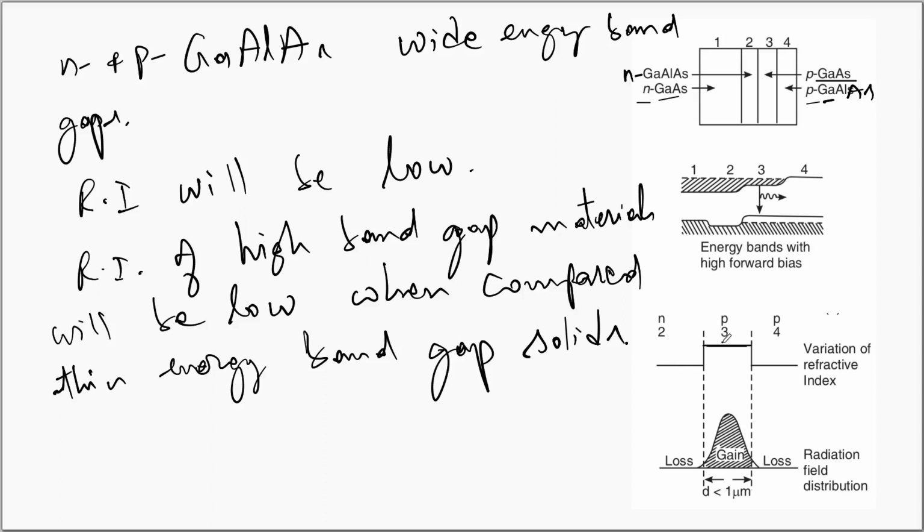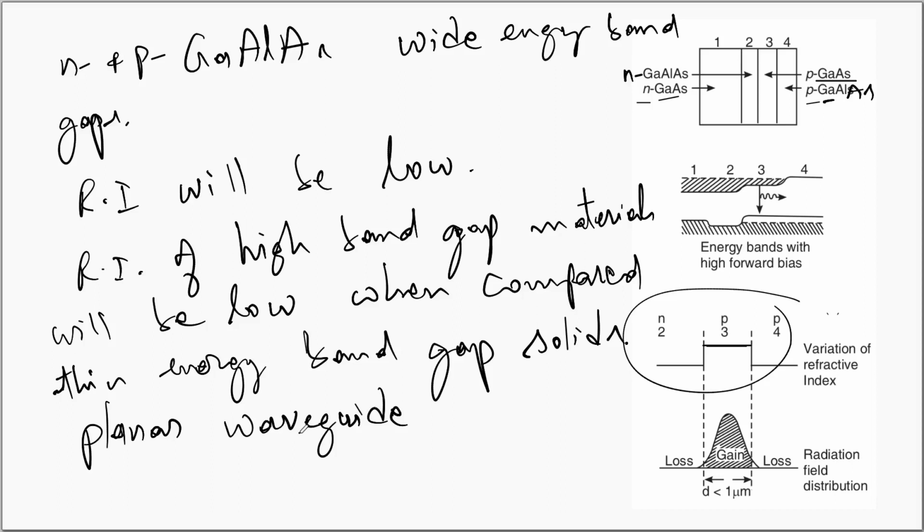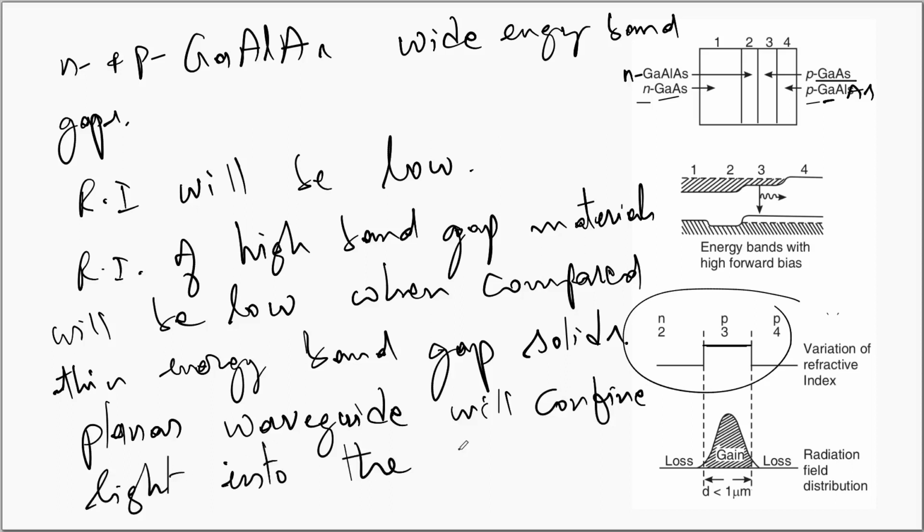So on either side of the P layer we have layers whose refractive indices are low. Since the refractive indices on either side are low, the structure will form what is known as a planar waveguide. The planar waveguide thus produced will confine light into the P-type gallium arsenide only. So we do not notice leakage of light into the surroundings.